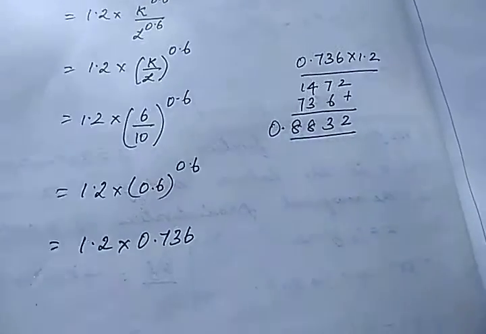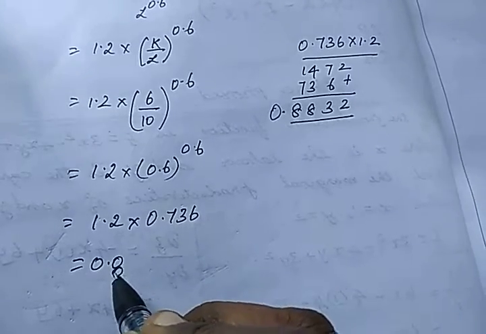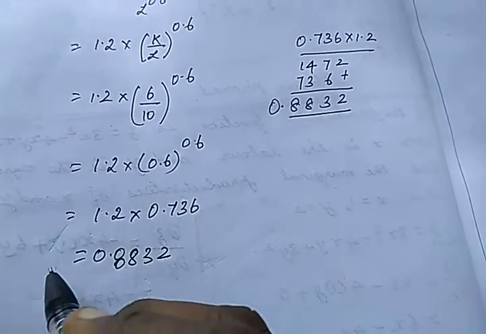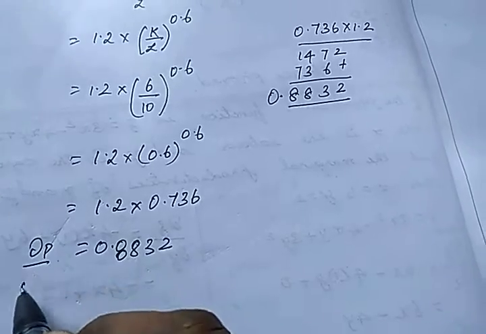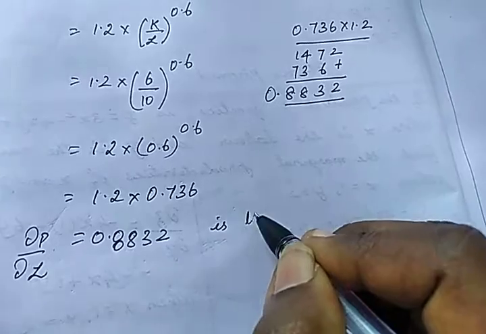Count 4 decimal places. So your answer is 0.8832, which is dou P by dou L, the marginal production of labor.